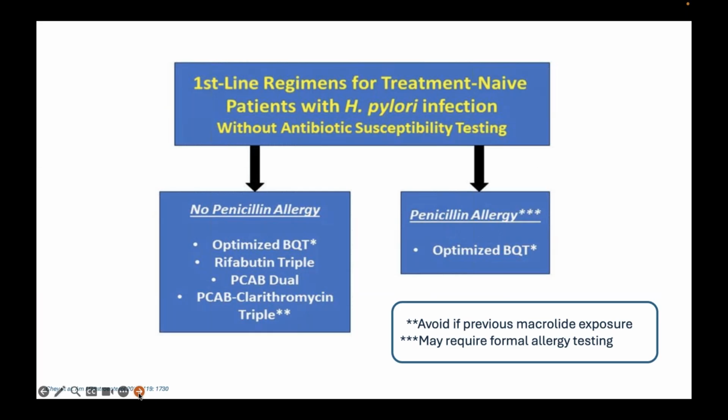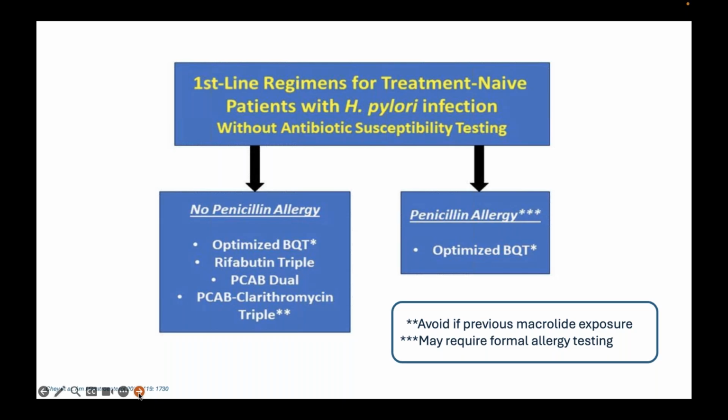This algorithm is taken from the recent publication. It is a summary of the treatment recommendations for treatment-naive patients, assuming that you do not have access to antibiotic susceptibility testing. As I said earlier, it's important to ascertain if the patient is allergic to penicillin.